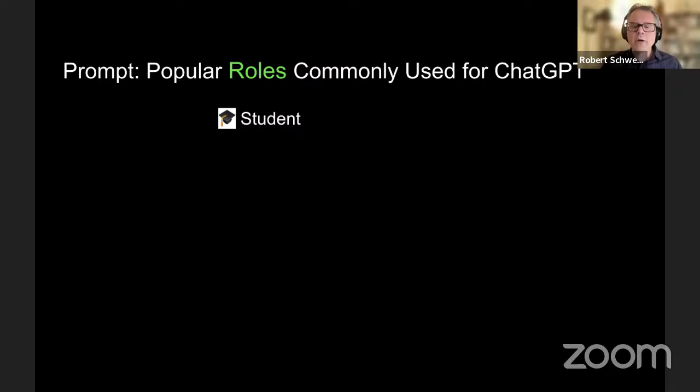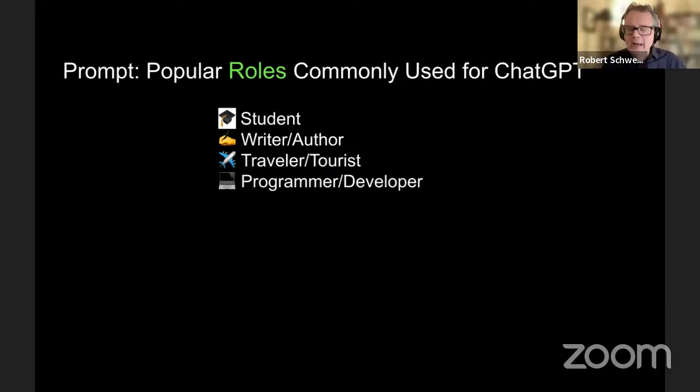So for those of you who are working interactively, I may suggest that you begin to test various roles for the chat prompt. So imagine you're a writer or an author. Imagine you're a traveler, a tourist. Give me an itinerary for my travels throughout the Amazon, for instance.